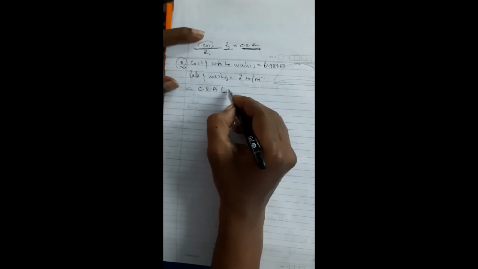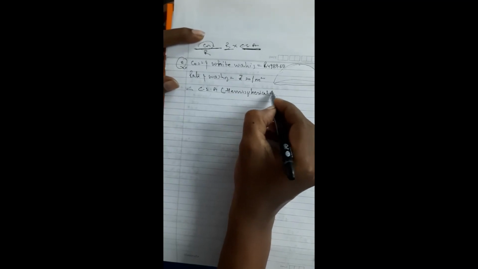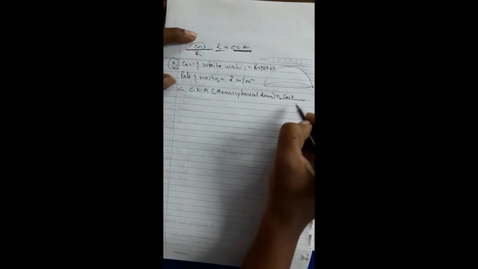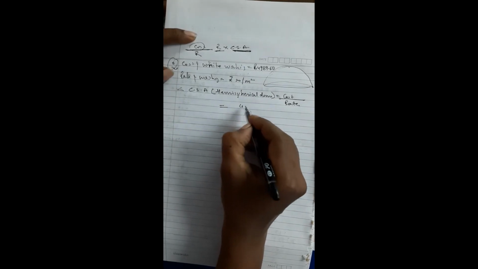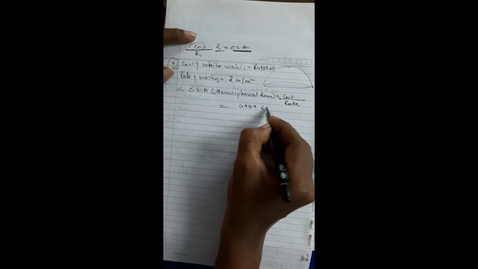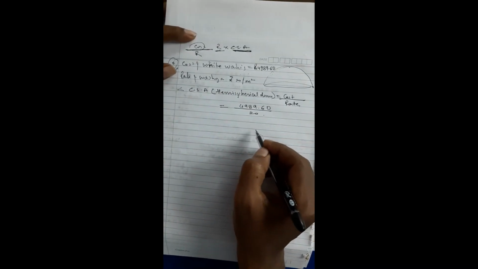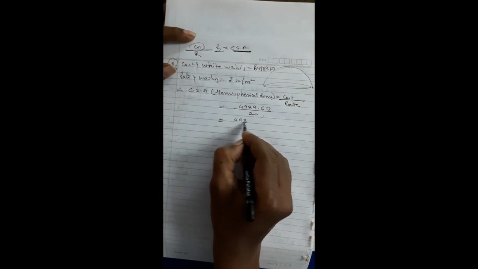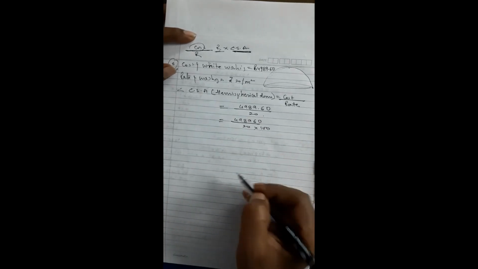Therefore the curved surface area of the inside of the hemispherical dome is equal to the cost upon rate. The cost is 4989.60 divided by the rate. So if we divide this by the rate, 498960 upon 20, I remove these 2 decimal places.